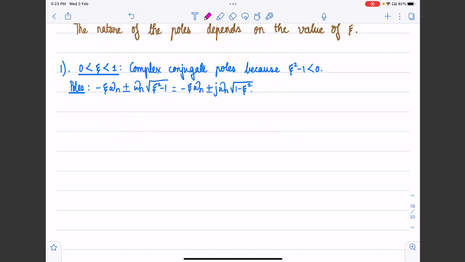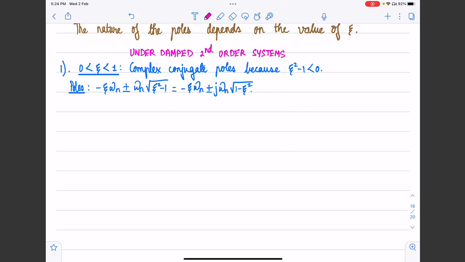Consequently, this class of second order systems with complex conjugate poles in the left half plane are what are called underdamped second order systems.